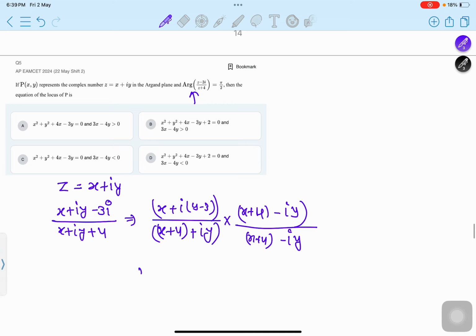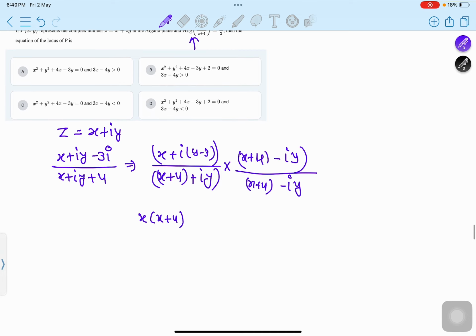Okay, so start. First multiply the upper side directly. So x multiplied by x plus 4, that is x into x plus 4. After that multiply by this one, so minus iota xy. Okay, after that multiply by iota y minus 3 and x plus 4, and after that multiply by y.